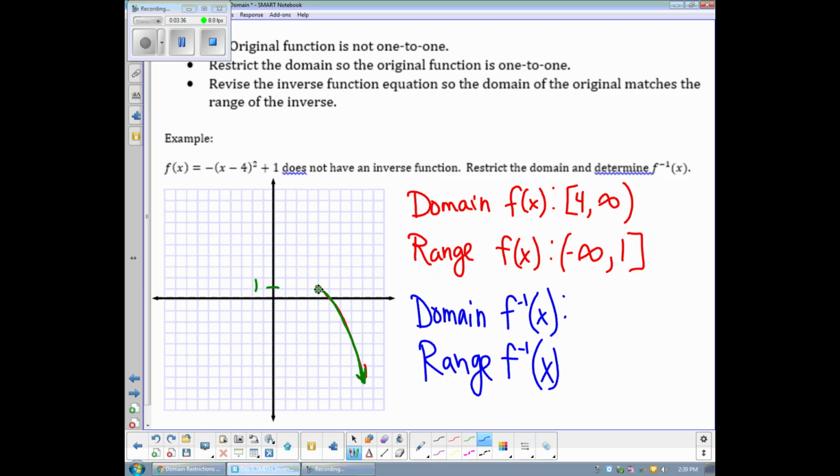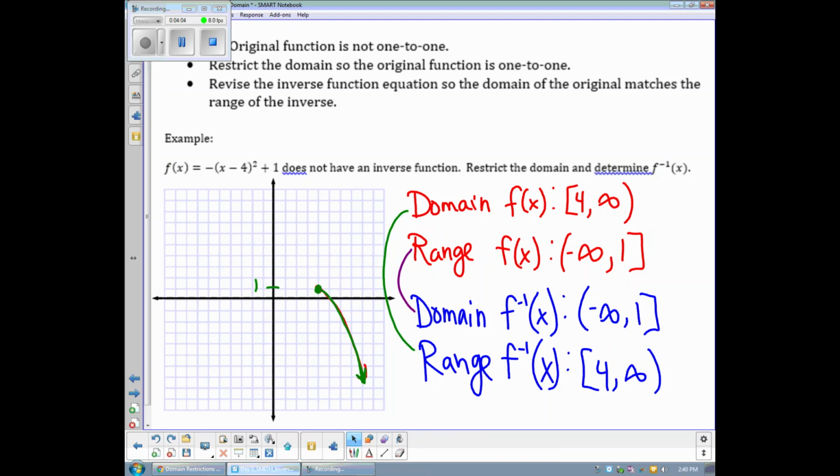Whatever the range was of the original function will be the domain of my inverse function. And whatever the domain was for my original function is the range of my inverse function. The domain and the range will switch between the inverse function and the original function.